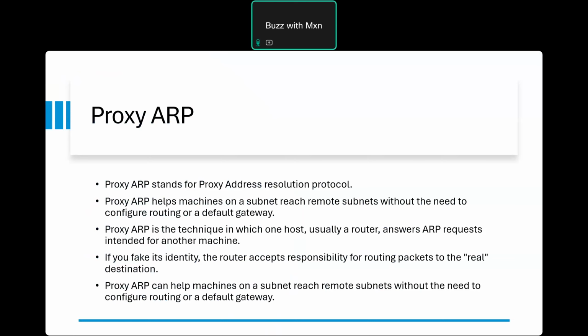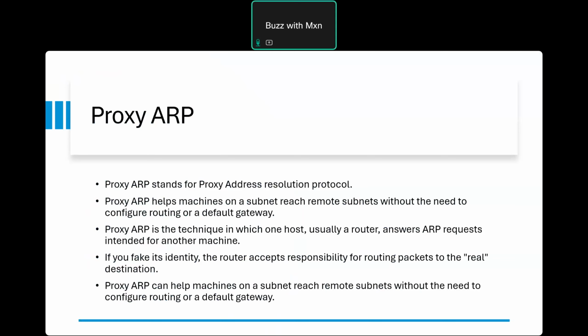Once I have that IP address, I'll send an ARP request over the network to the switch. The switch will broadcast that ARP request, and whichever host has that particular IP will unicast back that yes, I am the one, and this is my MAC address. Once I have the MAC address of the destination host, I will be able to send the traffic to it. So that was what ARP does.